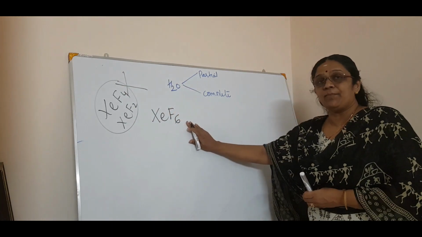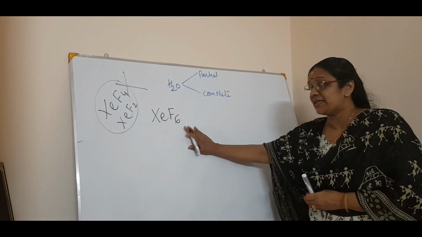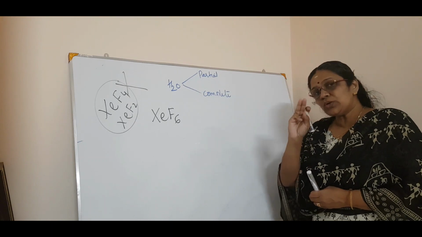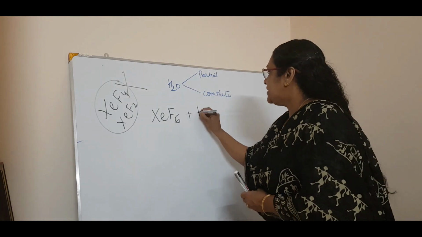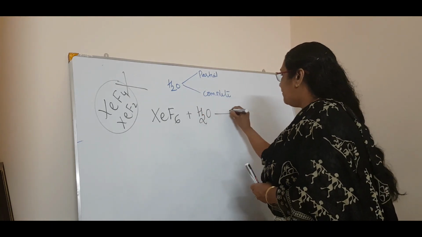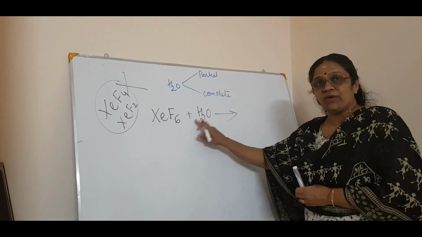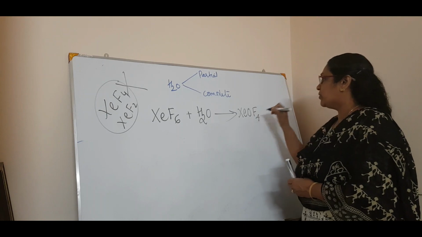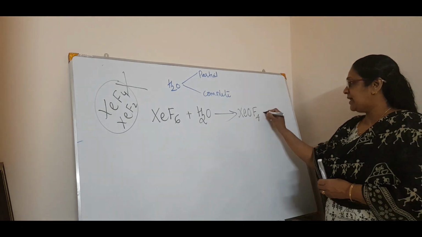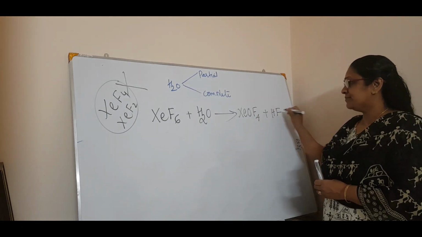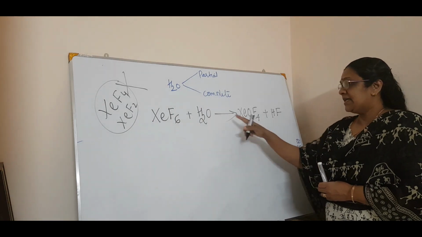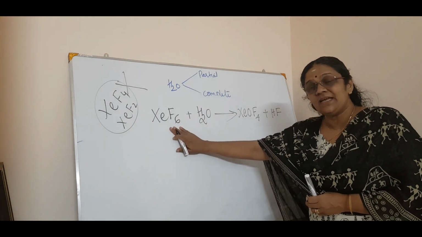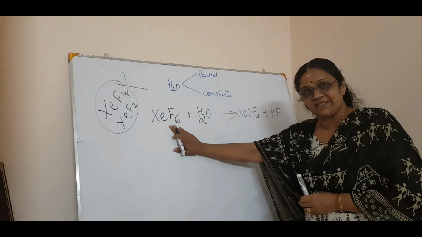Only you have to study about the partial hydrolysis of XeF6. Two types of products are obtained. One, XeF6 plus one H2O will give you XeOF4. See, this is the product along with HF. You have to only study the partial hydrolysis of XeF6.